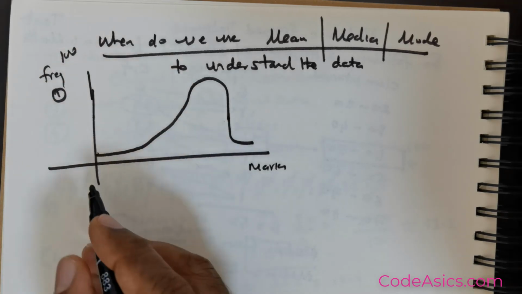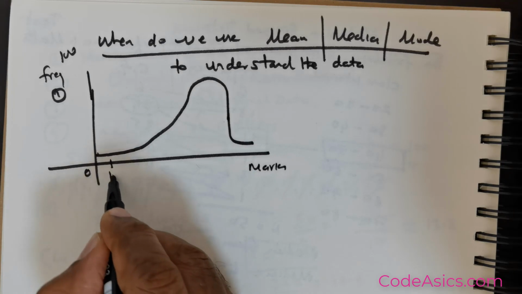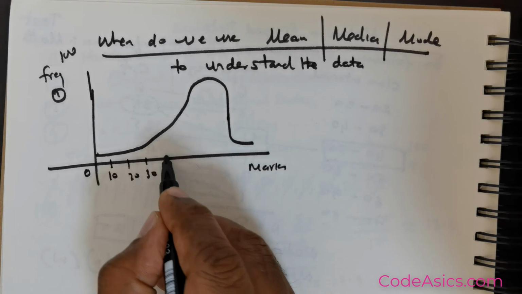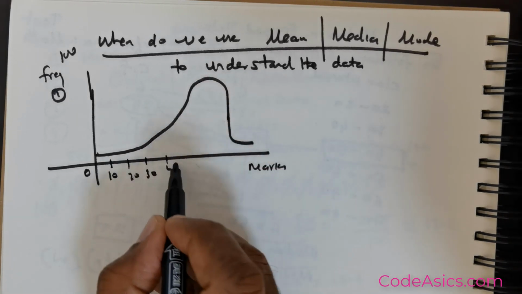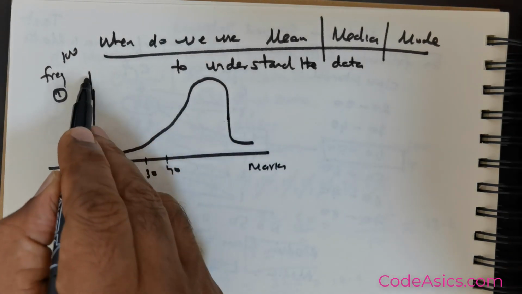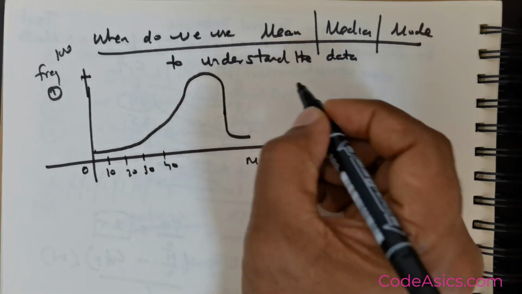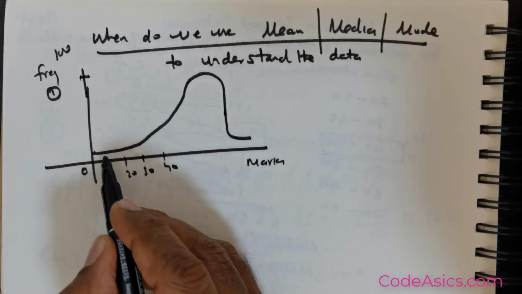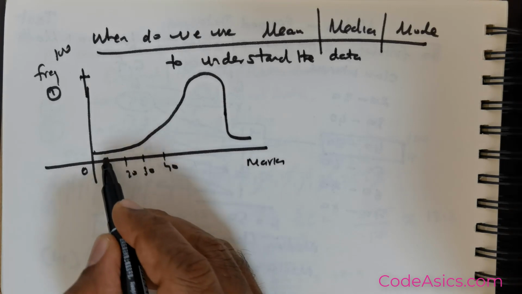Now 100 students are represented here, and this is the marks. So imagine if I were to have 0 here, 10, 20, 30, 40 and so on and so forth. You can clearly see that as we move up, 40, 50, 60, more number of students got good marks because the question paper is easy. But there is a few number of students who are outliers in this case. They have just got 10, 20.